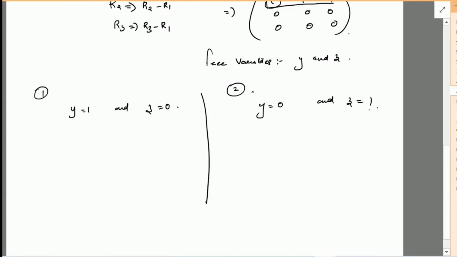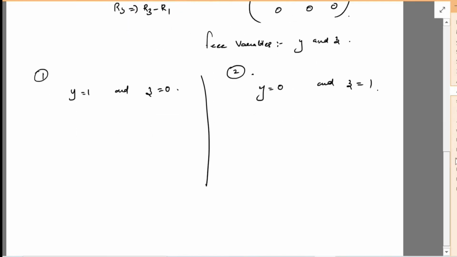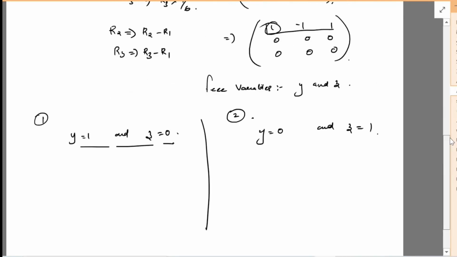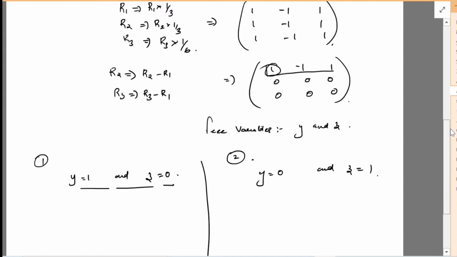To find the first independent eigenvector, I am going to substitute y equal to 1 and z equal to 0. And to find the second linearly independent eigenvector, I am going to substitute y equal to 0 and z equal to 1. If we put y equal to 1 and z equal to 0, what will be the value of x?